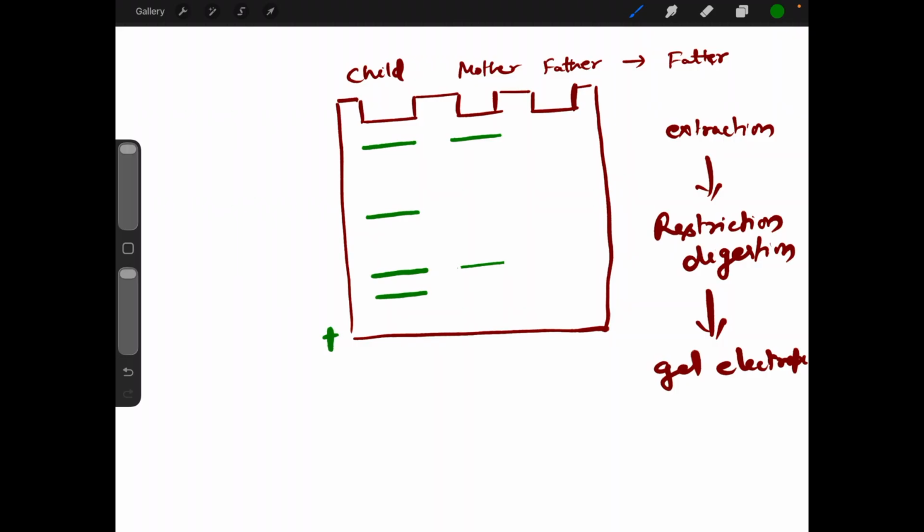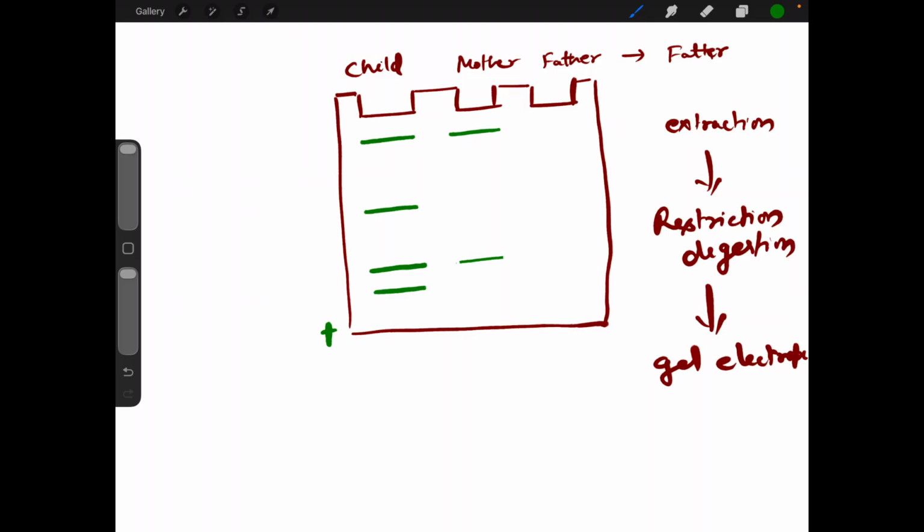So these two band patterns are from the mother, and these two bands are from the father. If you look closely, this man is certainly the father, because these bands are matching.